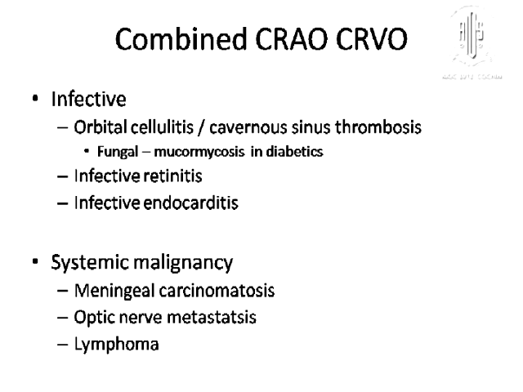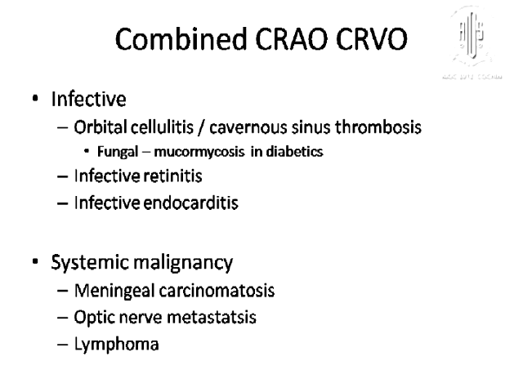Combined CRAO and CRVO, how is this different from a CRAO or a CRVO? It's a much more serious disease in contrast to CRVO. There are very, very serious life-threatening diseases associated with this combination of CRAO and CRVO. The causes can be infective, as in the case of orbital cellulitis and cavernous sinus thrombosis, and there is something which can commonly occur in patients with fungal mucormycosis of the orbit.